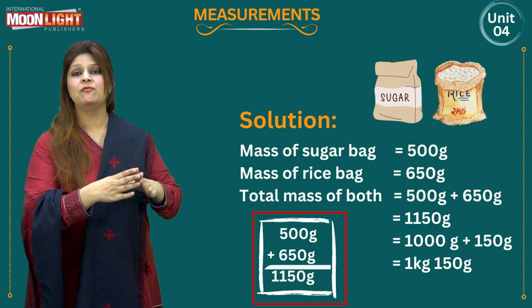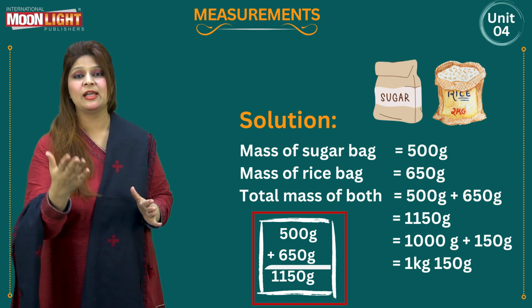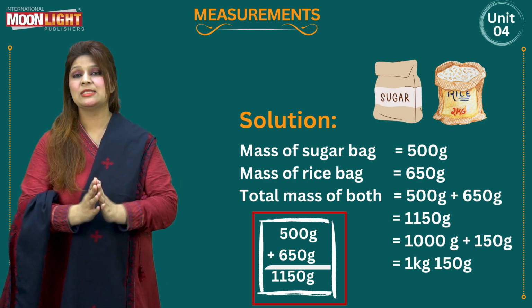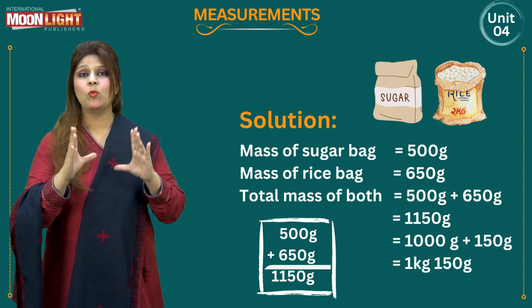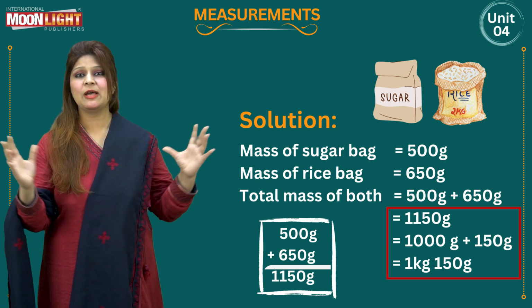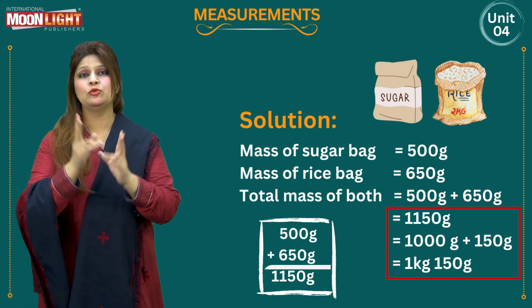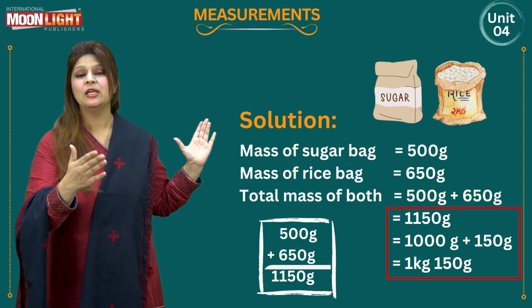So this will be 1150 grams. And now because this is more than 1000 and 1000 grams is equals to 1 kilogram, that is why I am going to break them into two parts. So first one will be 1000 plus 150 grams.